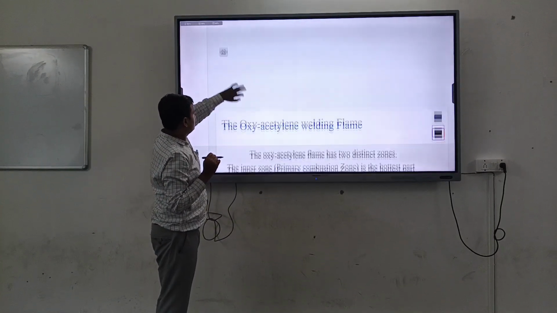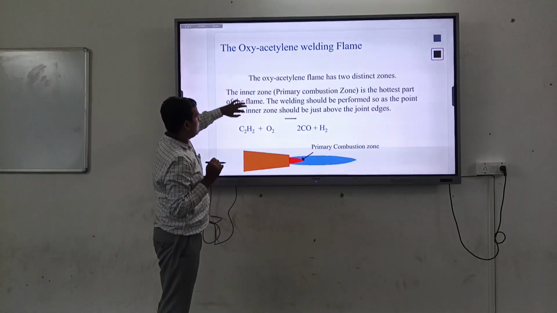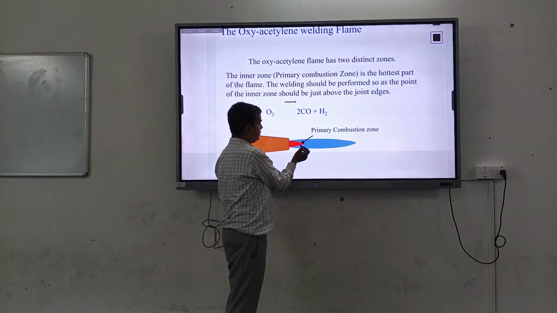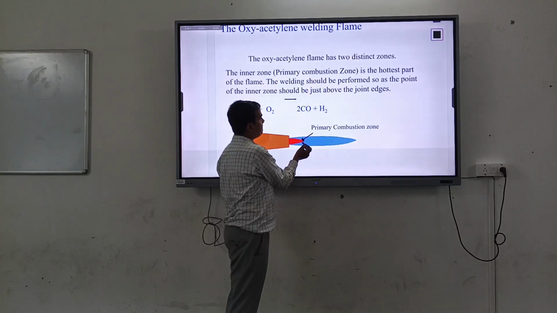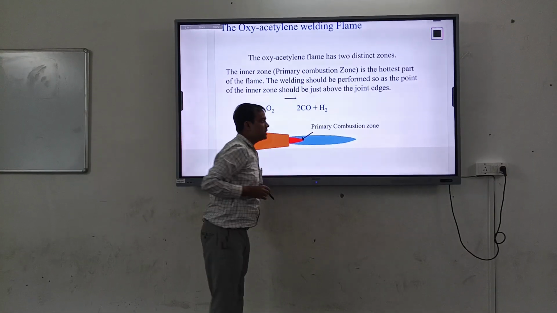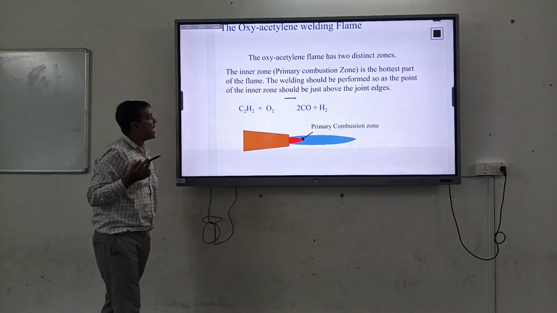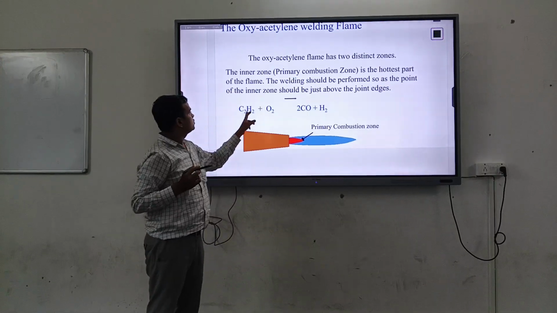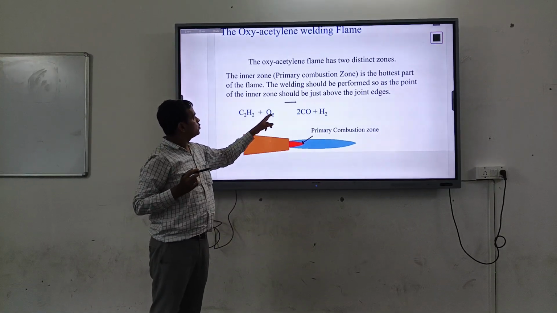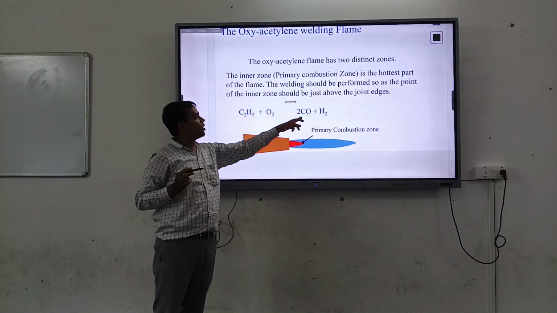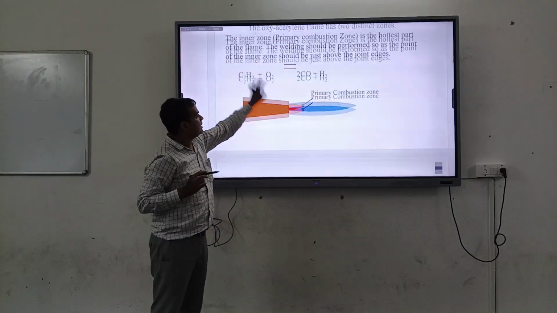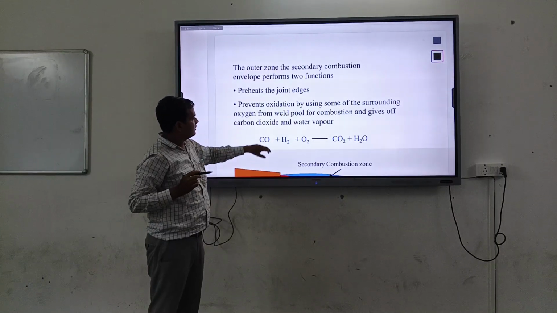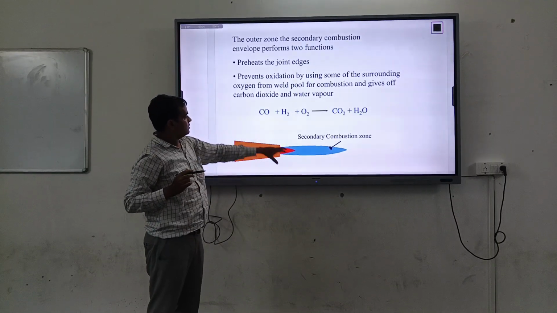The next one is the inner cone, also called the primary combustion zone. The primary combustion temperature is very high, and here the chemical reaction is C2H2 and O2 reacting to make carbon monoxide and hydrogen gases, and then it goes to the secondary flame.